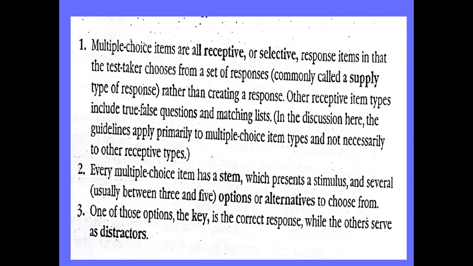Yes, and nowadays, more commonly, in the more advanced tests or evaluations, in the multiple choice item we have the stem, which is the question, and usually 4 options or alternatives. 2 of those 4 options serve as distractors. 1 is the key or the correct answer, and the other option is very similar to the correct answer.